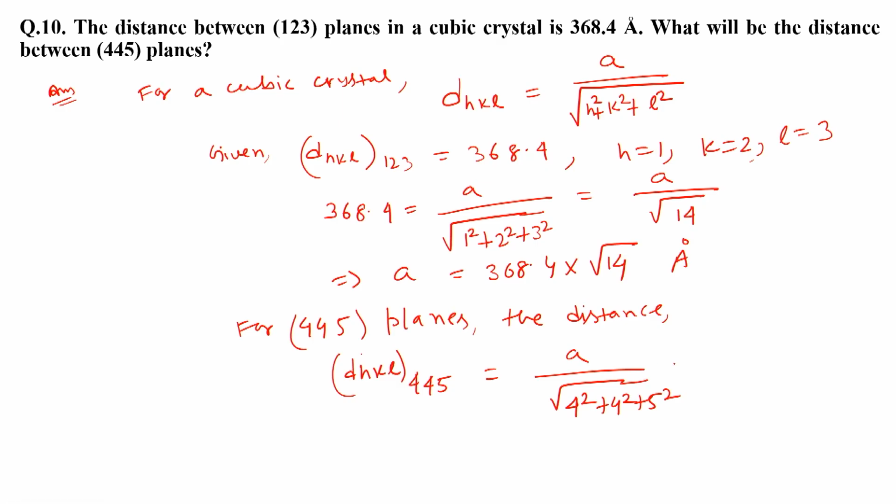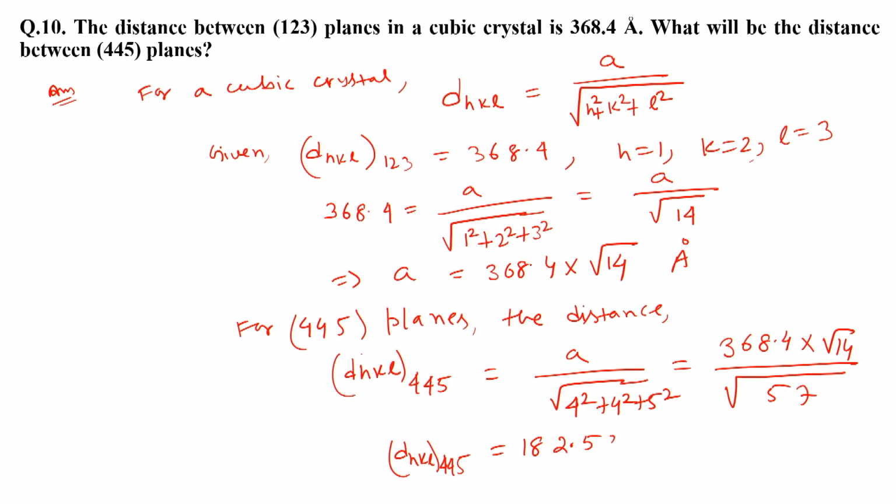Now we substitute the value of a. So we get 368.4 times square root 14 by square root of 57, right? So if we calculate this, we get the value of d_445 is 182.58 angstrom.